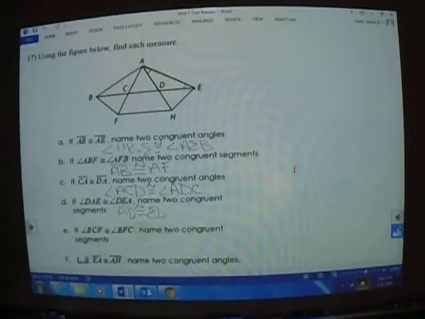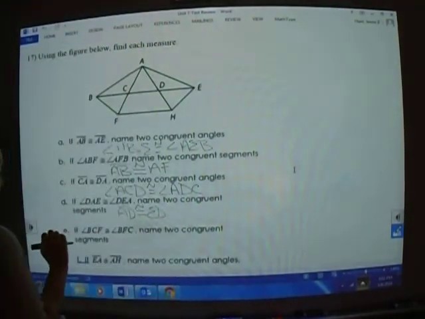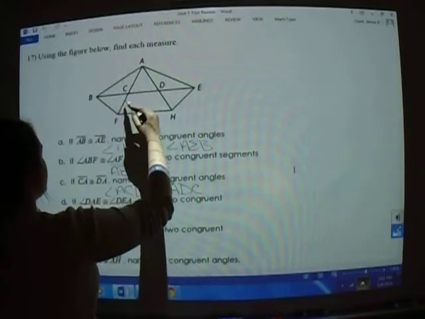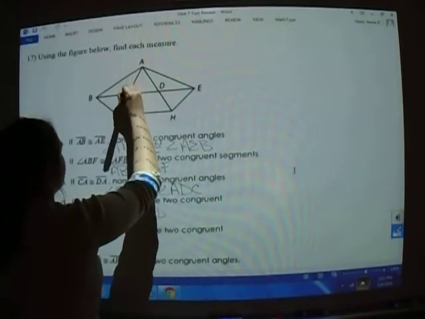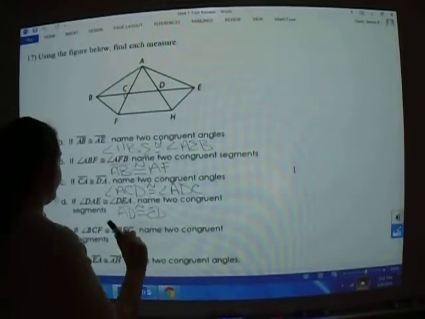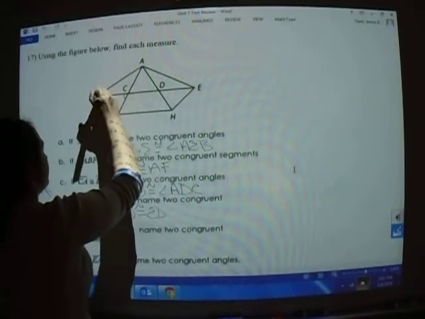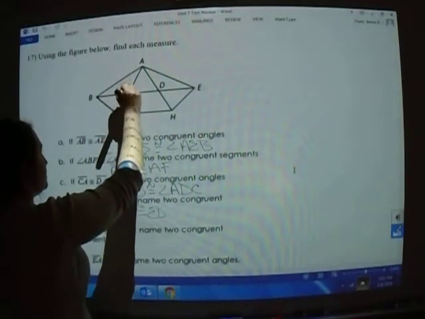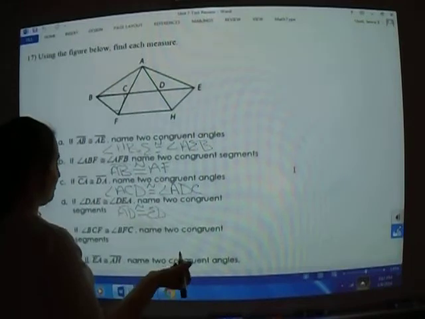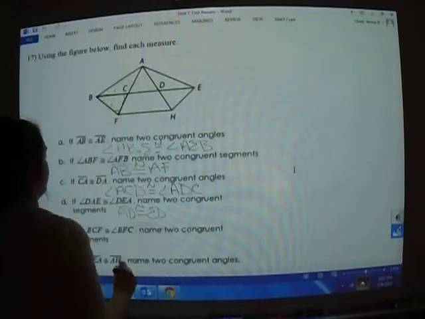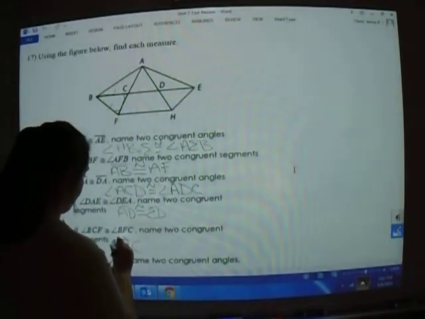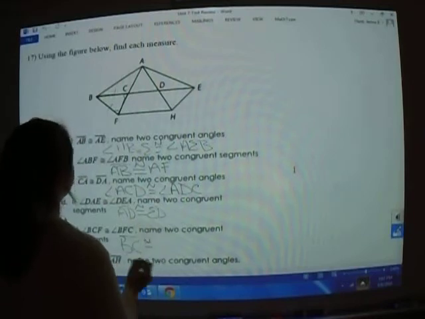All right? If angle BCF is congruent to angle BFC, that gives us this isosceles triangle. Name two congruent segments, well that's these. So BC is congruent to BF.